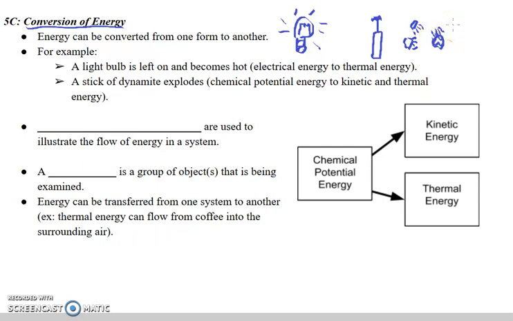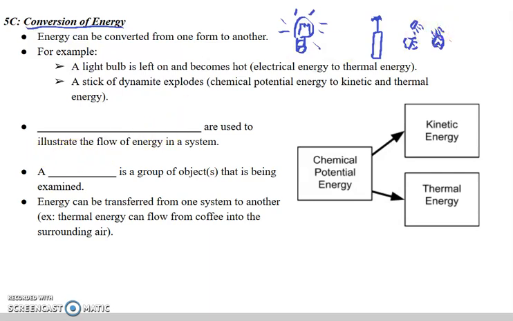So what's happening there is you have chemical potential energy in the chemicals in the dynamite, and that's getting converted to kinetic because those pieces from the explosion are moving. It's also going to get converted to thermal because there's going to be heat released as that stick of dynamite explodes.